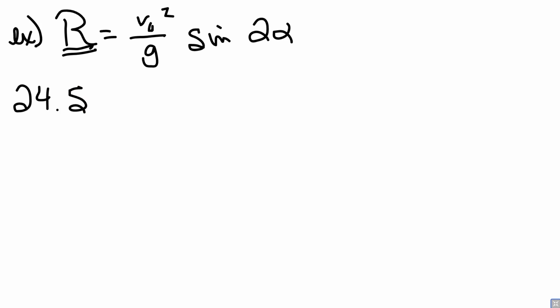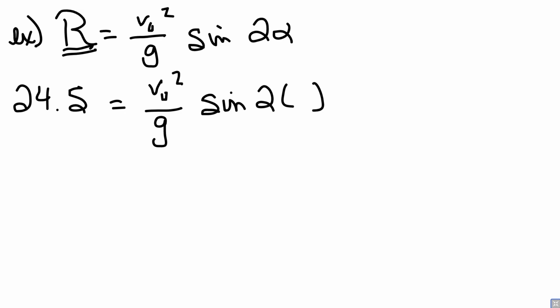So this is going to be equal to v sub 0 squared over g times the sine of, now, we need to figure out what the angle will be. So what angle would give us the maximum of sine? In this case, it would be 45 degrees.